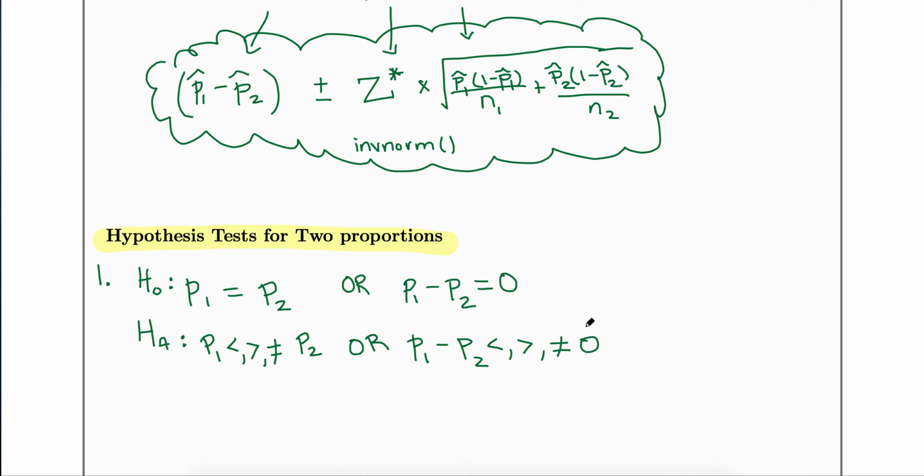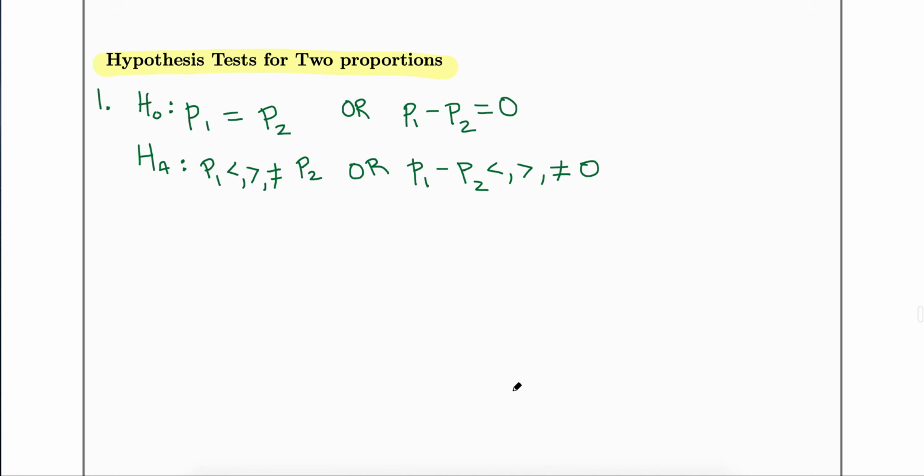So that kind of goes back to what we were talking about at the top of the page. Their difference is negative, positive, or there is just some kind of difference. Okay, so again, either option, choose this set or this set. They're both communicating the same thing, just in slightly different notations. Okay, so there's our hypotheses.